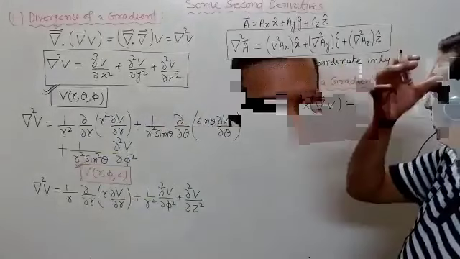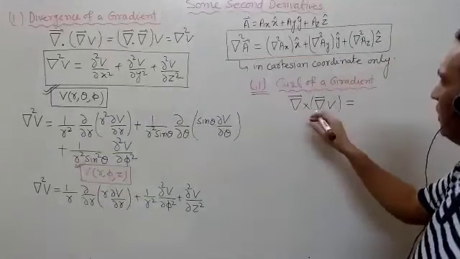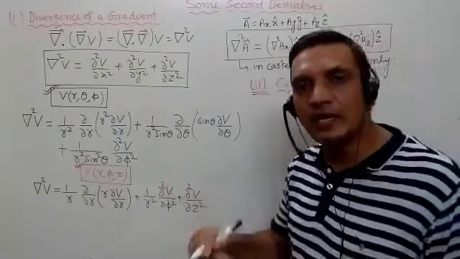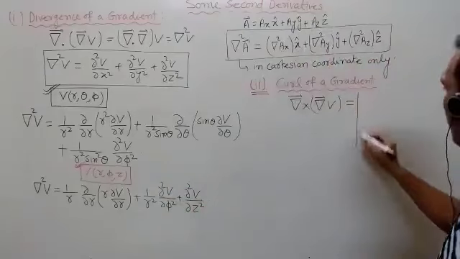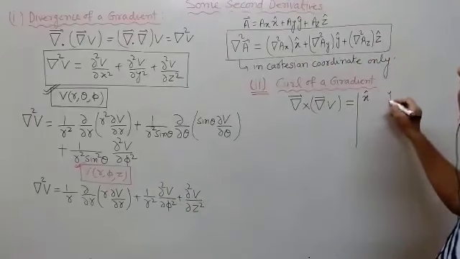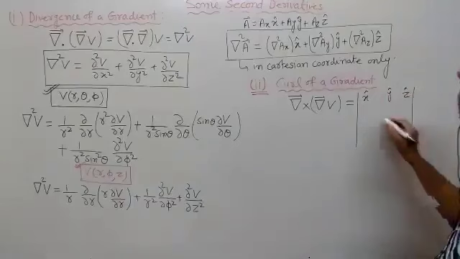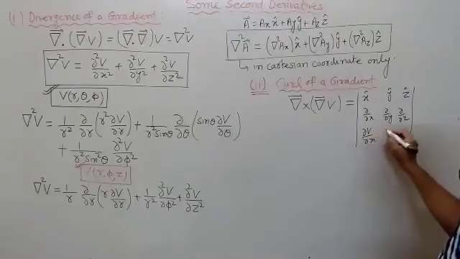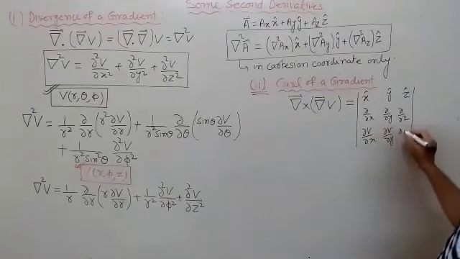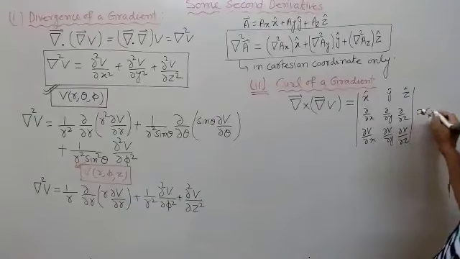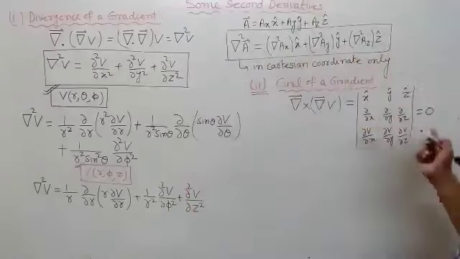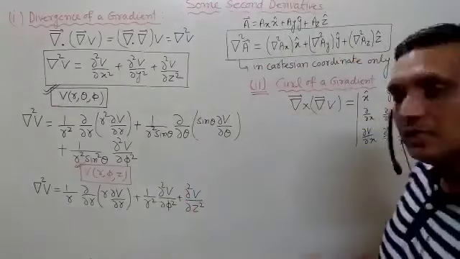This is always 0. You can easily expand because gradient V has three components: del V by del X, del V by del Y, del V by del Z. So if you expand this, you will get X cap, Y cap, Z cap, del X, del Y and del Z, and del V by del X, del V by del Y and del V by del Z. You will get 0. So curl of a gradient is always 0.